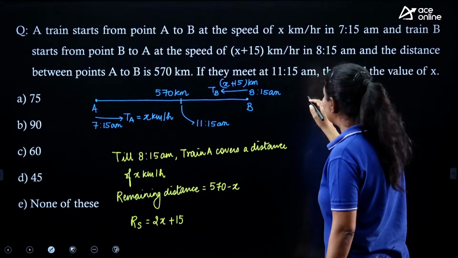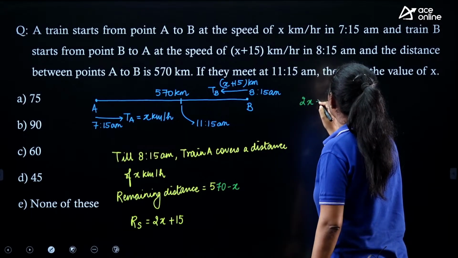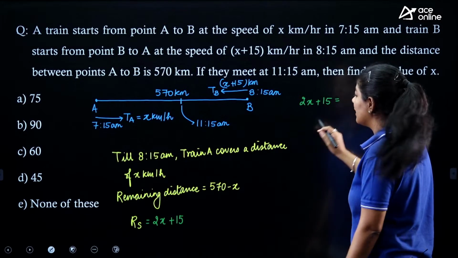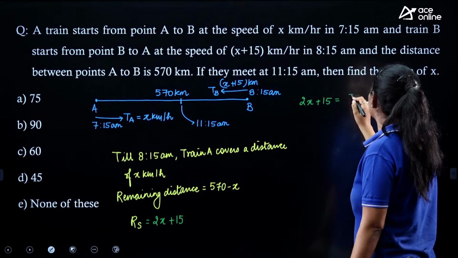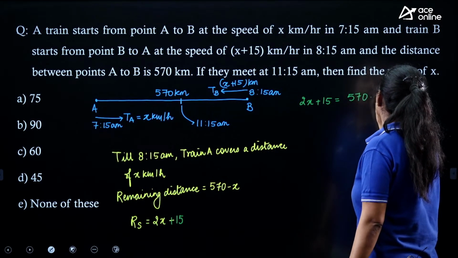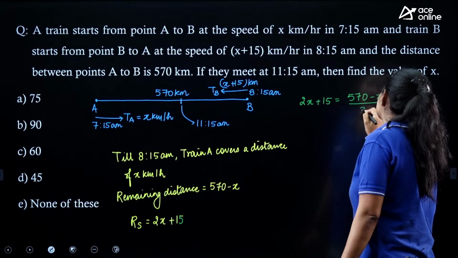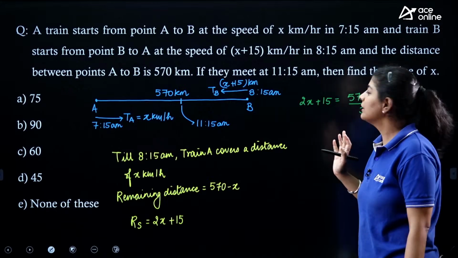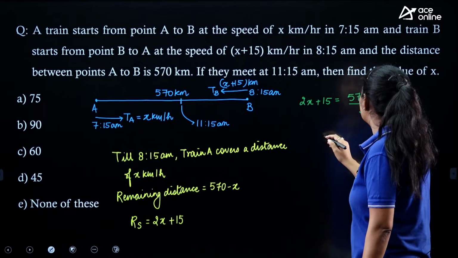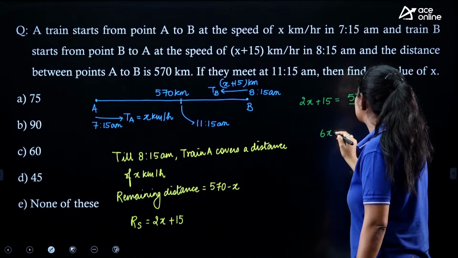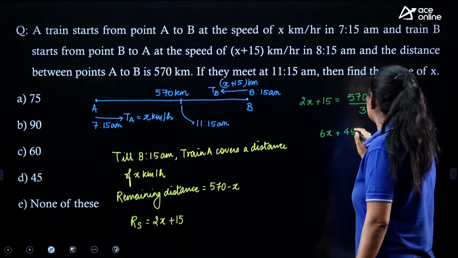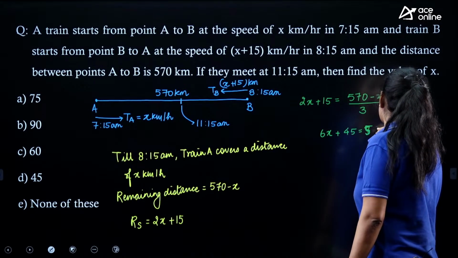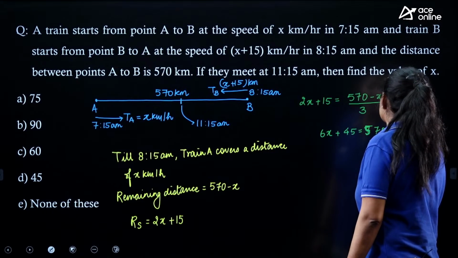So we can say that this 2x plus 15 is equal to the remaining distance that they need to cover, and they covered this distance in a time period of 3 hours. Now you just simply need to solve this equation. So here we are getting 6x plus 45 equal to 570 minus x, right?